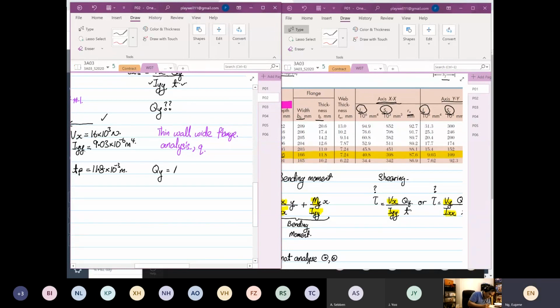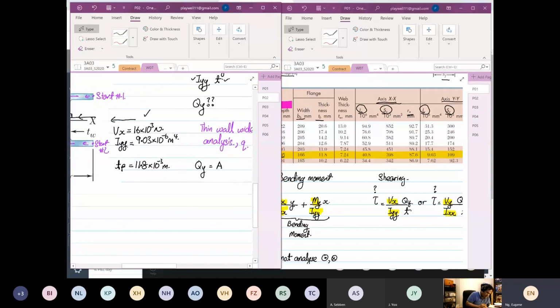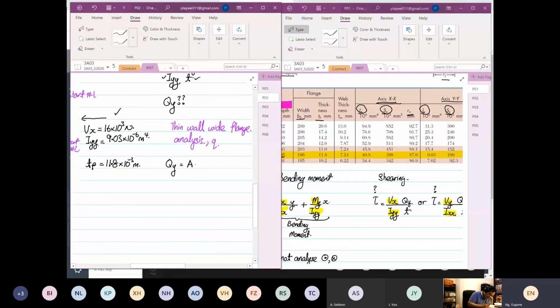So it's equal to area. QY is area multiplied by X distance. So why is that? QY means first moment of area about the what?